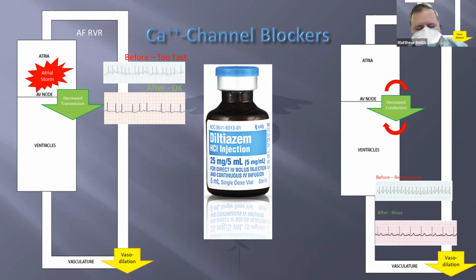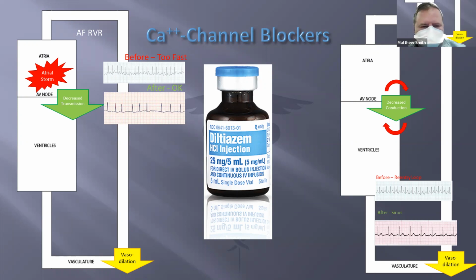So I want you to think of potassium channels as being all over the place, the atria, the AV node, and the ventricles. I want you to think of calcium channels as predominating at the level of the AV node, and I want you to think of sodium channels as being most closely associated with ventricular conductivity. So if we give a calcium channel blocker, what we're doing is we're decreasing the transmission and conductivity of the AV node.